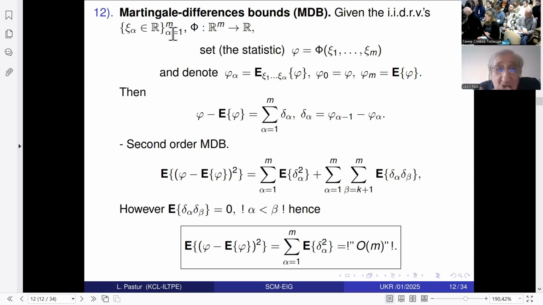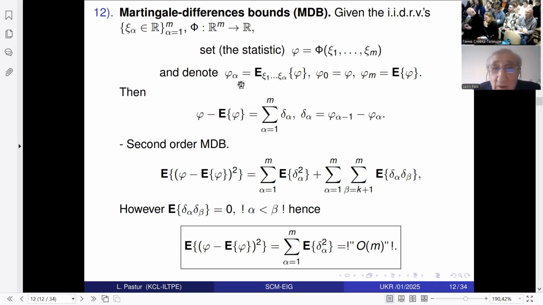expectation 0, and there are certain moments, and you have a function of m variables. M is the number of our random variables, and if you form this random function this way, there is a jargon of statistics, they call it a statistic, a certain function of given random variables.